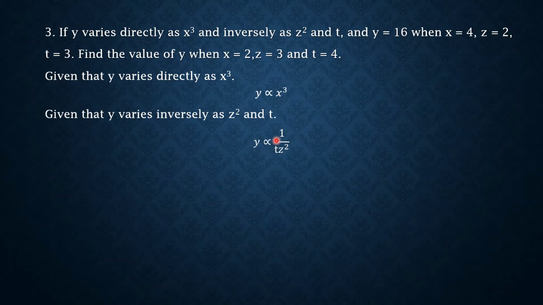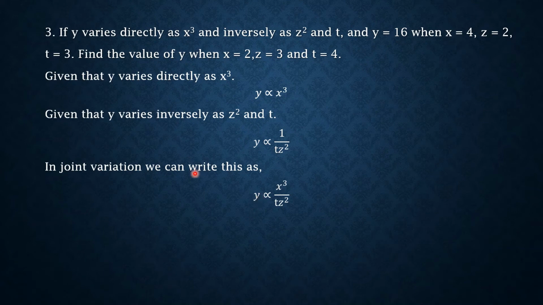Now in joint variation we can write the above as y proportional to x cube divided by t z square, or y equal to k into x cube over t z square. This is our equation number 1, or equation of joint variation.